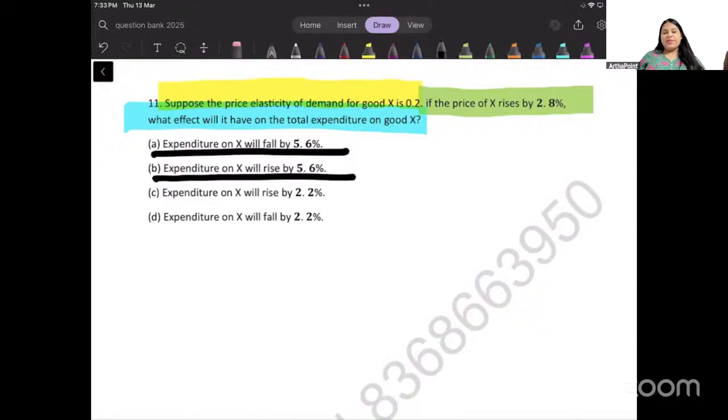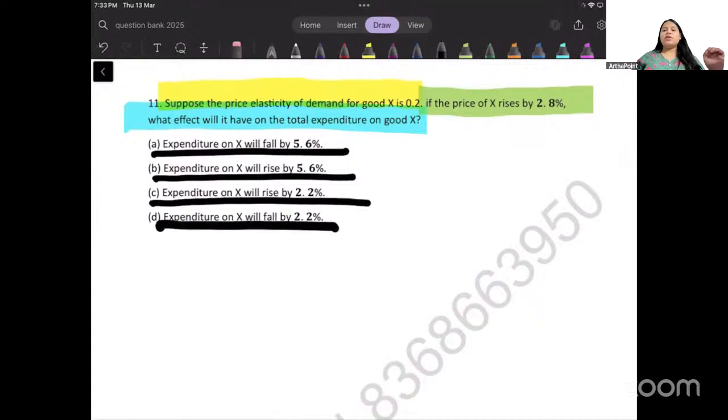Expenditure will rise by 5.6%. Expenditure will rise by 2.2%. Expenditure will fall by 2.2%. Try to answer question number 11.